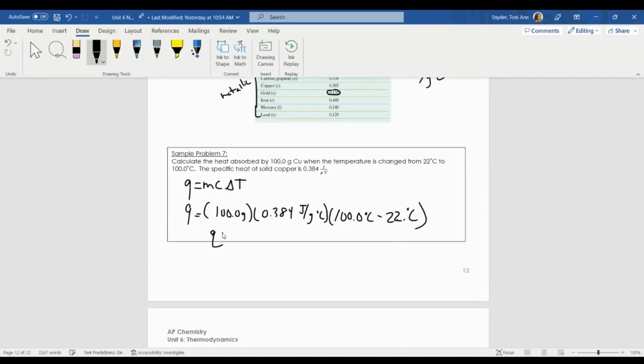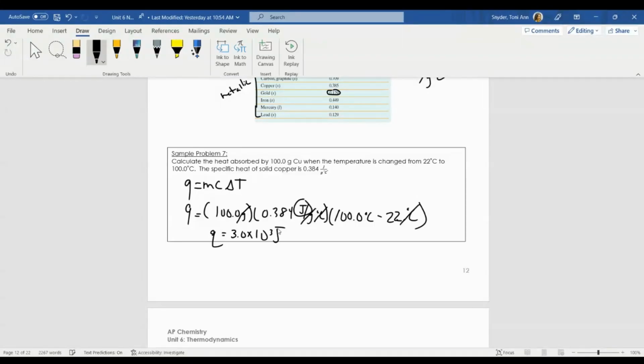So my Q in this case should be 3.0 times 10 to the third joules. Units for heat are just joules, because grams are in the numerator and grams in the denominator, and degrees Celsius in the numerator and degrees Celsius in the denominator.